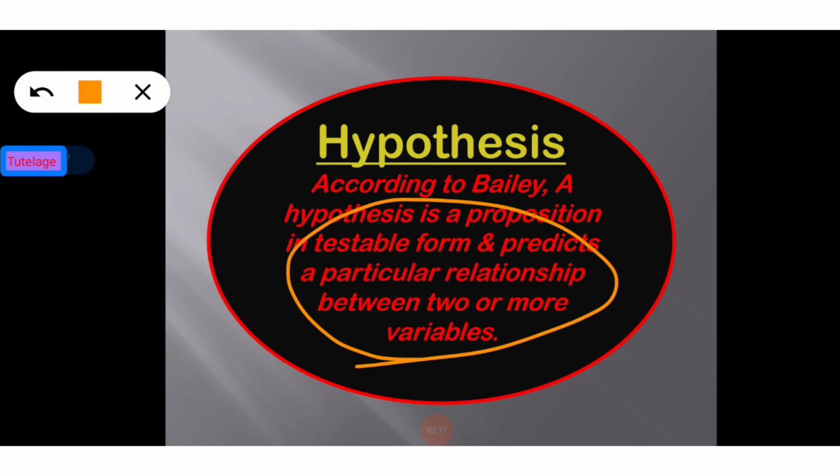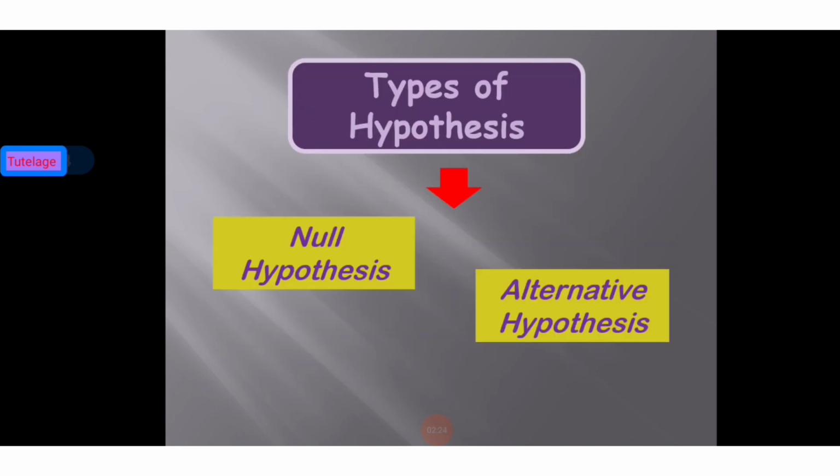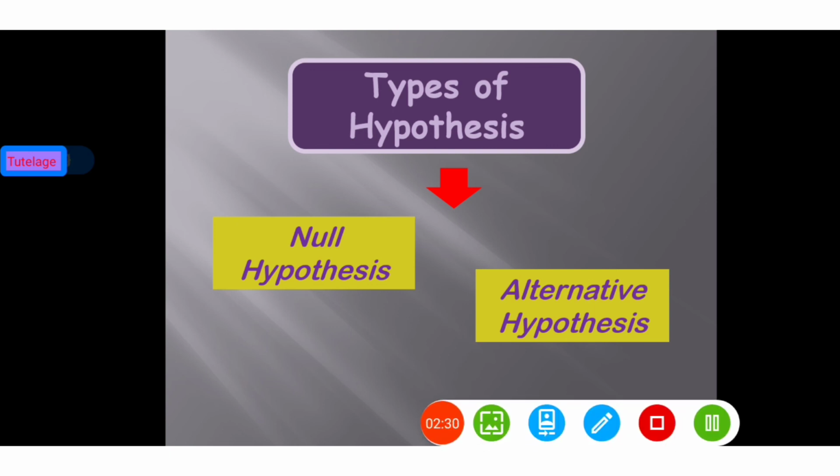So I think it is clear what the actual meaning of hypothesis is, and now let's move on to the next slide, where we can see types of hypothesis. In my next session we will explain the functions and characteristics of hypothesis, but today we only discuss types of hypothesis.